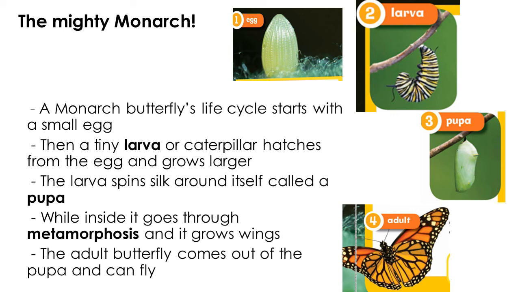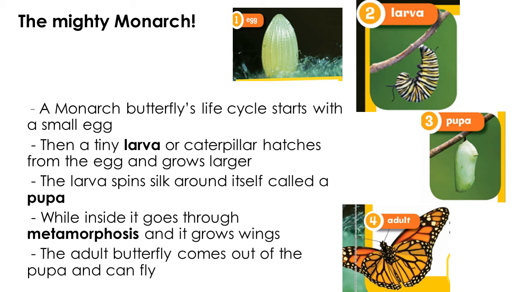Right. Another life cycle we said we're going to look at is that of the mighty monarch. A monarch is this kind of butterfly here by number 4. Okay. A monarch butterfly's life starts with a small egg once again, then a tiny larva or caterpillar hatches there.